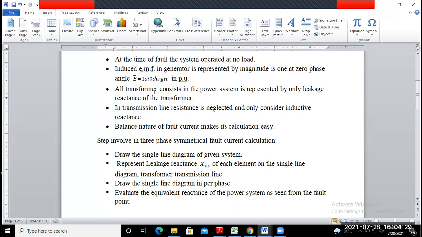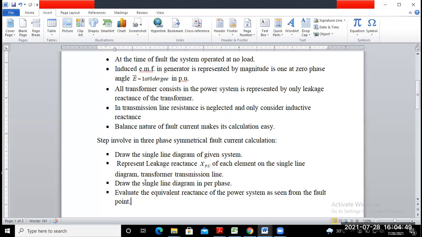Since it is a balanced condition, we can do the calculation per phase. Simply multiplying by 3 then gives the three-phase fault current. First of all, we find the fault current per phase.